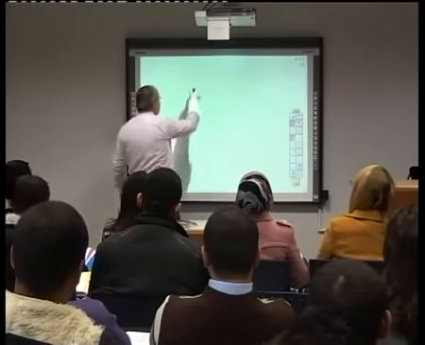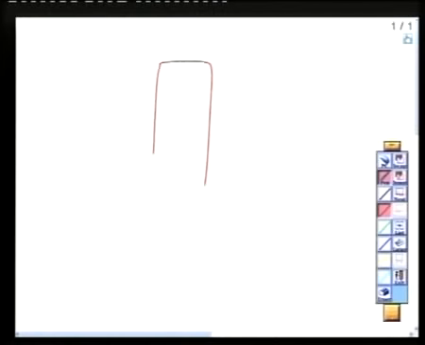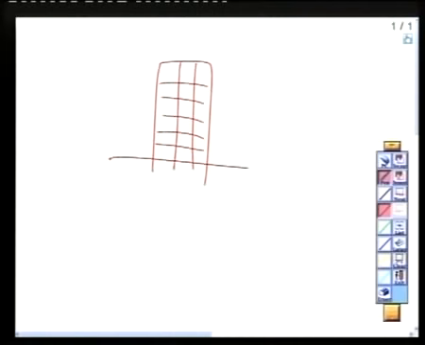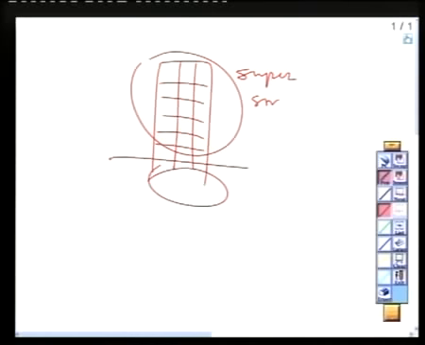And all buildings, as you know, consist of 2 parts. This is the superstructure above the earth, okay? And then we have the substructure.